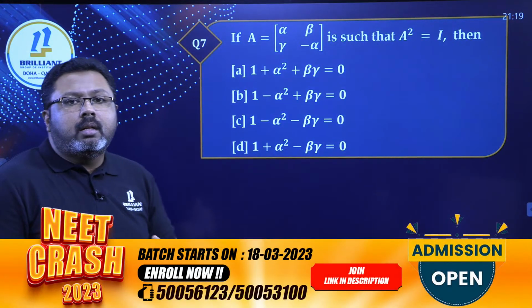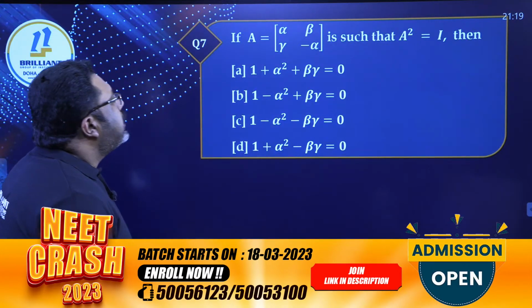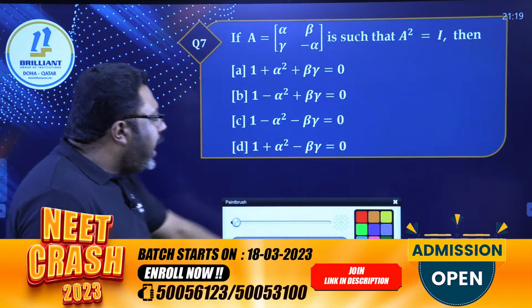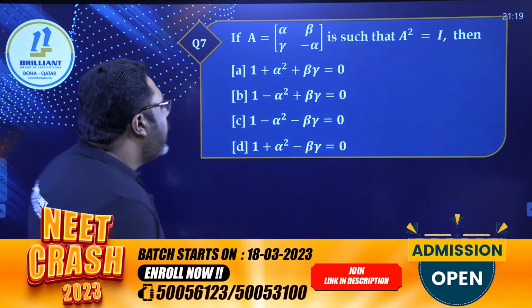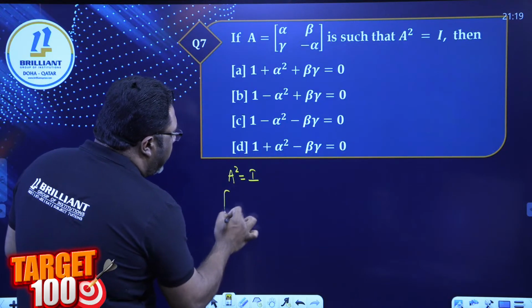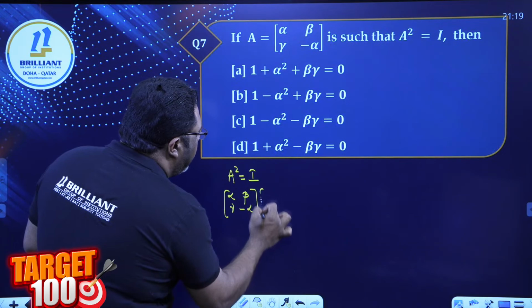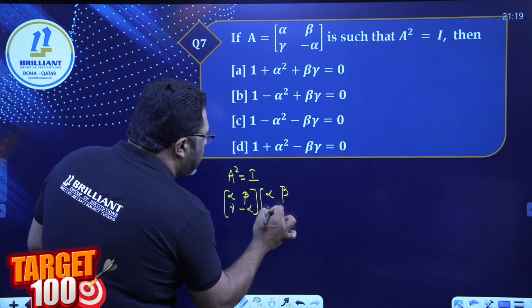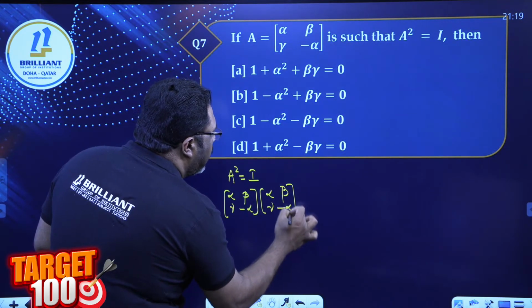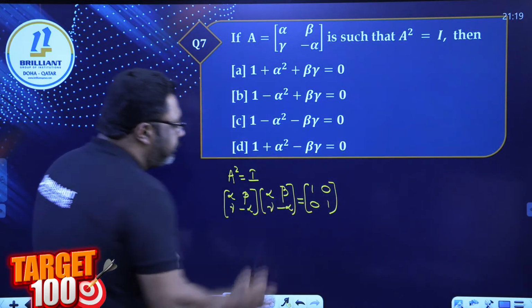Matrix A is alpha, beta, gamma, minus alpha. I am supposed to use the condition A squared equal to I. So the matrix alpha, beta, gamma, minus alpha multiplied with alpha, beta, gamma, minus alpha equals I, which is 1, 0, 0, 1.